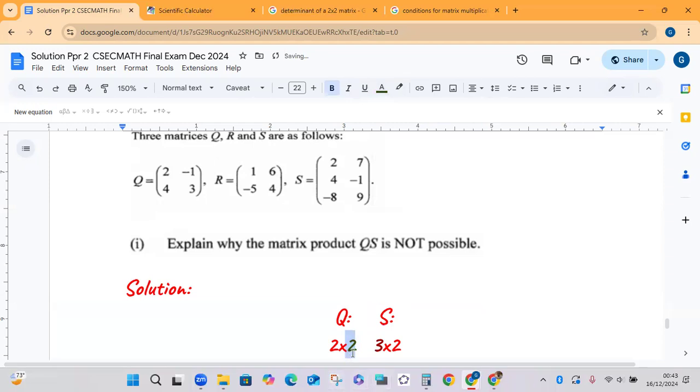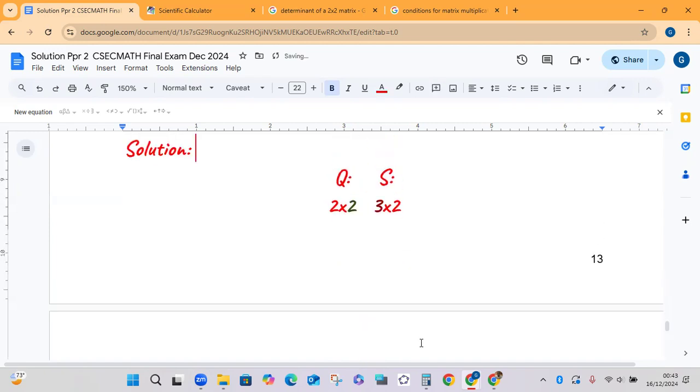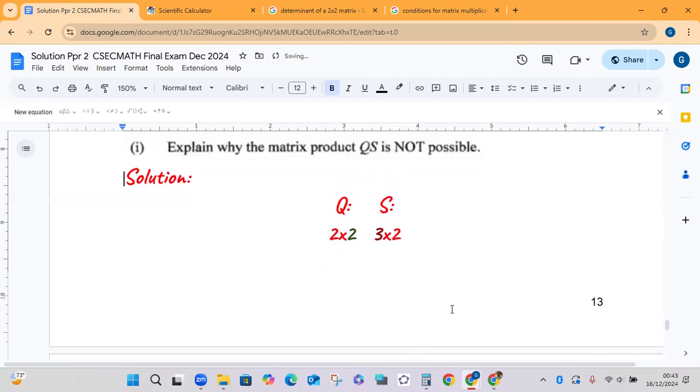You have a 2 there and you have a 3 there. This is the column of the first and this is the row of the second. They are not equal to each other. So matrix multiplication is not possible.